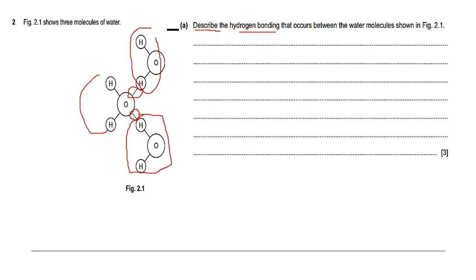Then something else that you can say is that hydrogen bonds are weak bonds. That's basically a standard thing. And something else that you can also mention is based on the size, and I know this might be reaching for some of you, but based on the size that you can see for each atom, oxygen seems to be a bit bigger than the hydrogen atoms that are in bonds with it. And so what you can say in this case is that the electrons seem to not be shared equally between the two, that's between oxygen and hydrogen, and as a result of that, water is a dipolar molecule.